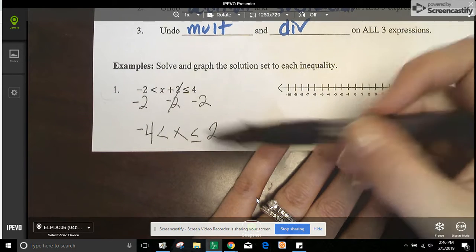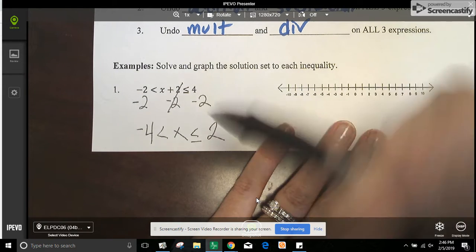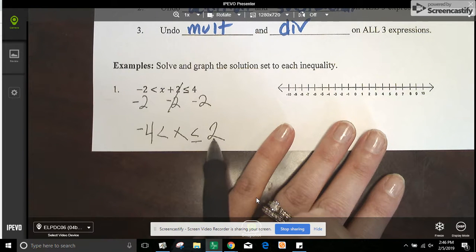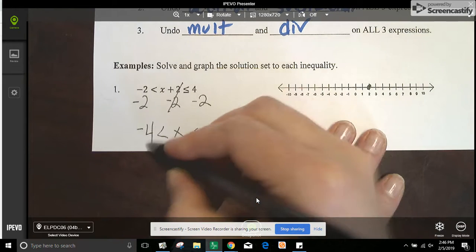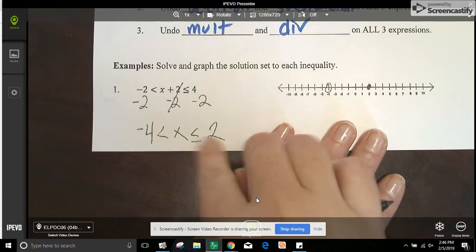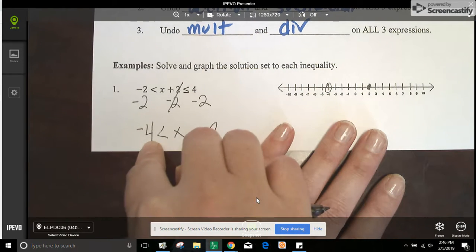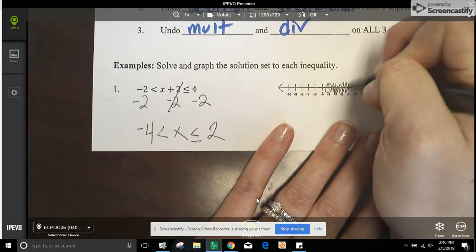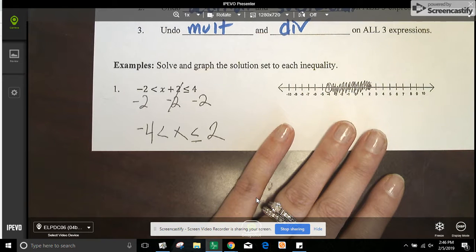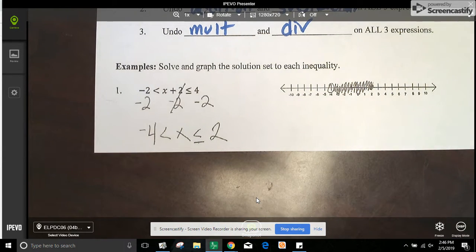So how do you graph this? This is actually an and statement. So you want to put a closed circle at 2, an open circle at -4. This closed circle goes with 2. This open circle goes with -4. And when x is sandwiched in the middle like that, your shading goes in the middle. It's going to be an and statement.